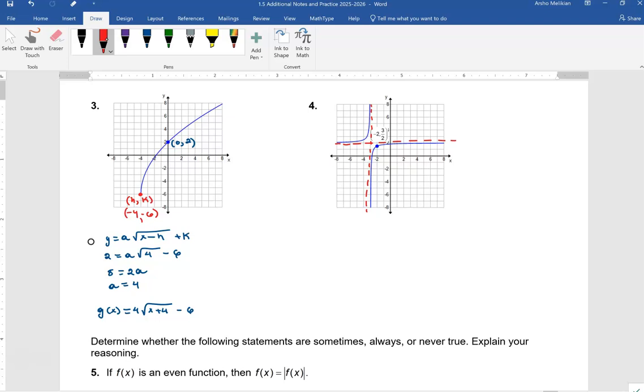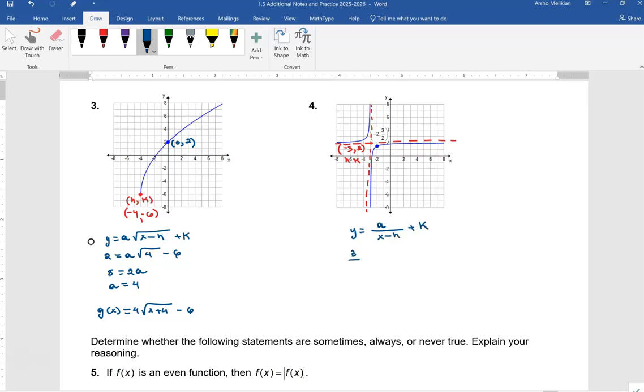Negative 3, 2, right? So if the horizontal and vertical asymptotes meet at negative 3, 2, that's what we're going to use as our h and k. So y equals a over x minus h plus k.